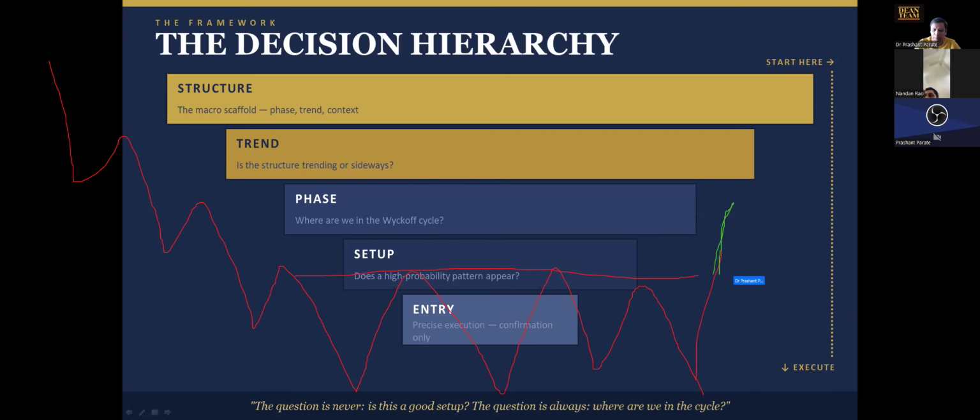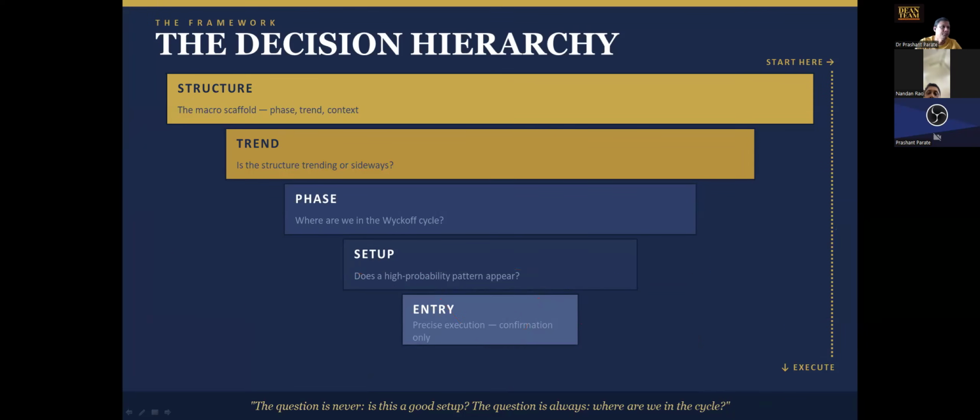So I call this early uptrend and I look for retracement entry mostly below 50% of this swing low to this swing high. Price comes down below 50%. I prefer buying in the buying area or at 75% retracement because that gives me at least 1 is to 3 risk reward setup. So this is early uptrend setup.